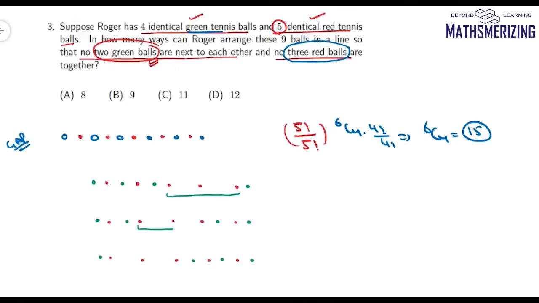Here we'll have 3 red again, and here also we'll have 3 red together. So there are 3 possible configurations where 3 red balls are together among these 15 cases. From these 15 cases, we subtract these 3 cases. So the total number of cases when no 2 green balls are together and no 3 red balls are together is simply 12, and that's your option D.